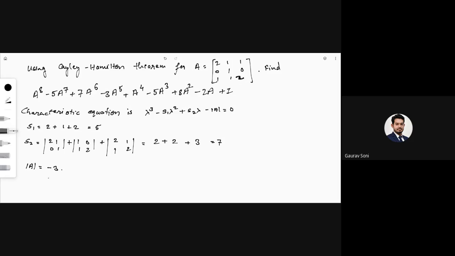So the characteristic equation we have got is lambda cube minus 5 lambda square plus 7 lambda plus 3 is equal to 0.